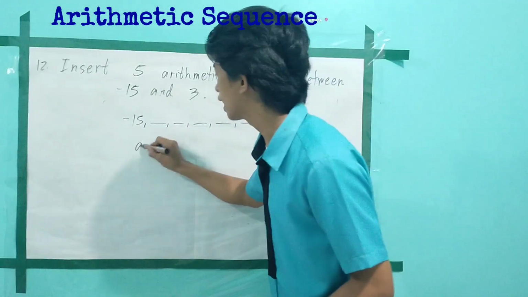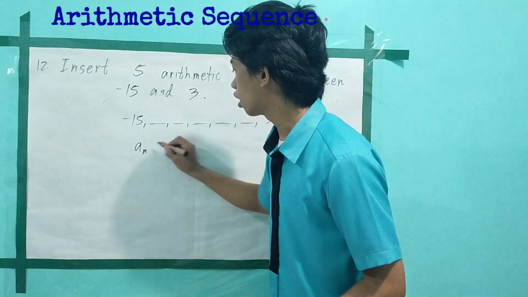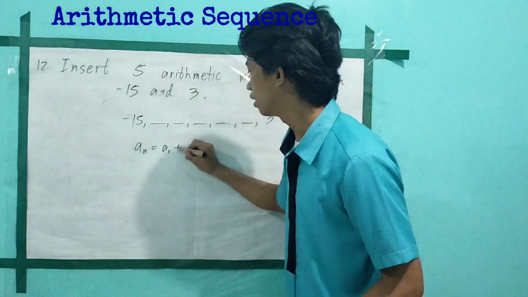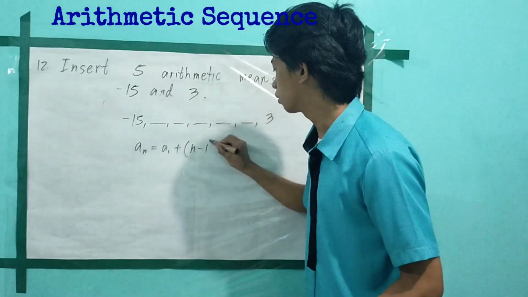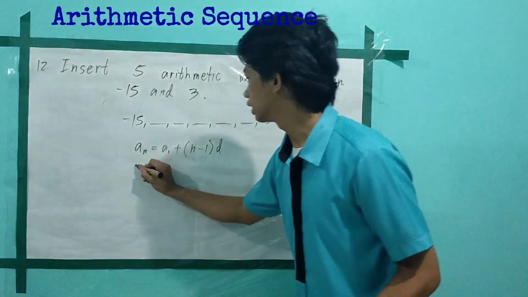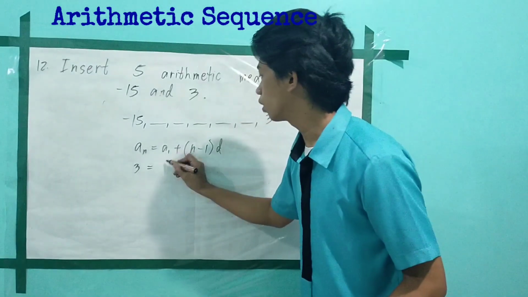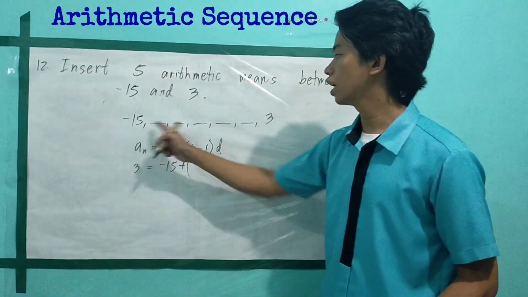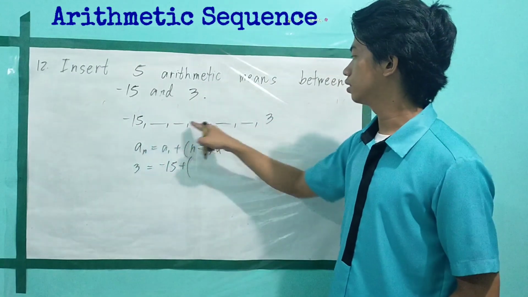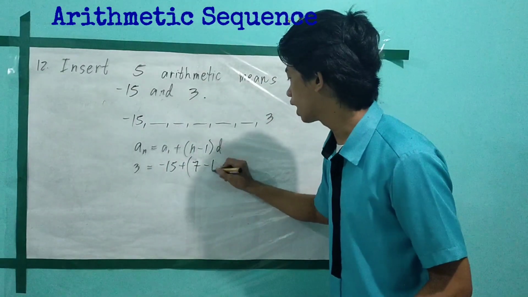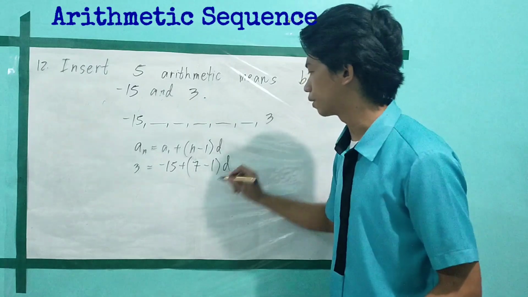So, using our formula, hanapin muna natin yung common difference. So, a sub n is equal to a sub 1 plus n less 1 multiplied to the common difference. Ang ating a sub n is 3. Equals, a sub 1 we have negative 15 plus, how many terms do we have? 1, 2, 3, 4, 5, 6, 7. We have 7 terms. Less 1 multiplied to the common difference.